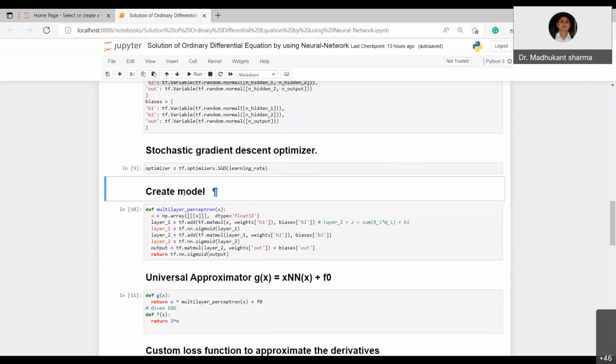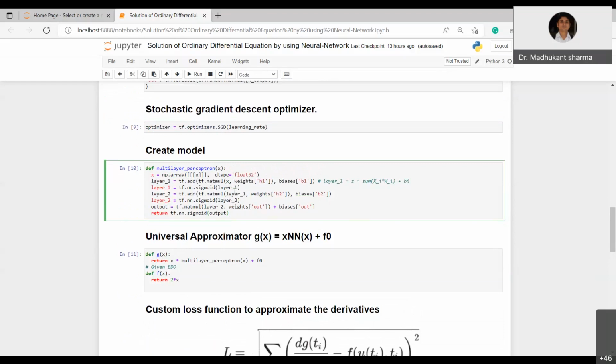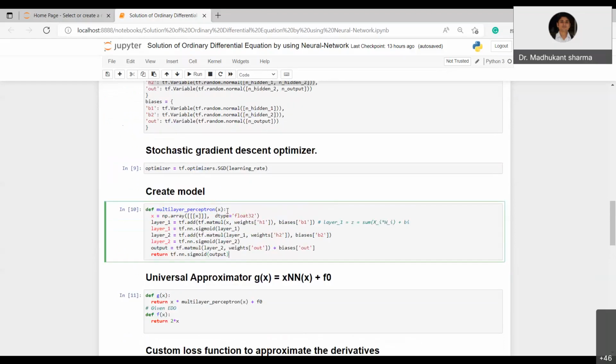Now I am going to create a model. Here is the code for creating a multi-layer perceptron. I have explained it, but I am again explaining how a multi-layer perceptron is created in Python. Let's see here.